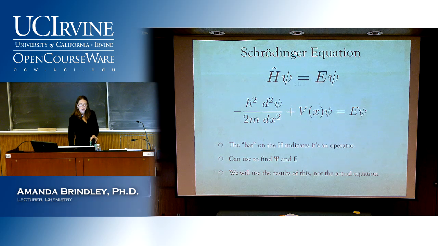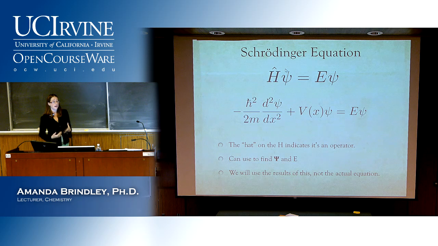The part you do need to worry about is knowing that this is a Schrödinger equation, that this means you have to do something to the wave function, and then you get your energy back. One of the easiest ways to think about how this would work is if you take the double derivative of a sine or a cosine. If you take the double derivative of a sine, you end up back with sine, but now it has a -1 in front of it.